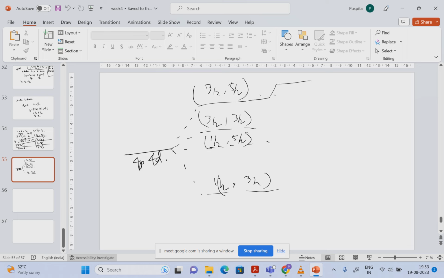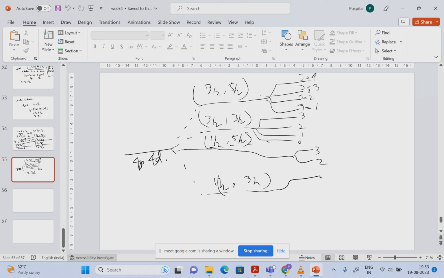Here also j splitting will be there. J is equal to 4, 3, 2, 1. And this will be 3, 2, 1, 0. This will be only 3 and 2, and this is 2 and 1. That's how the coupling will happen.